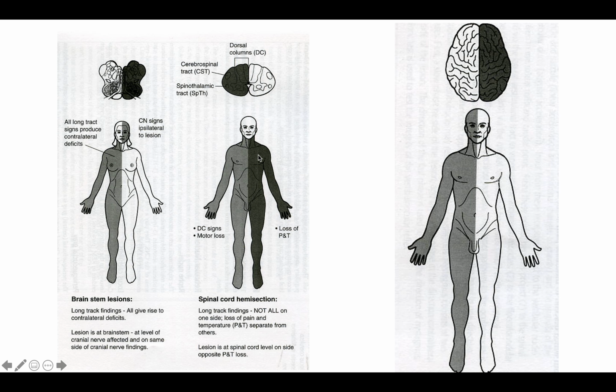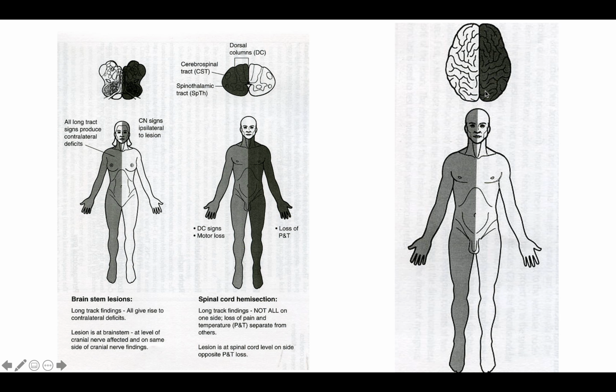However, because I said that the spinothalamic tract, the pain and temperature tract, decussates at the level, he's going to have a loss of pain and temperature on the contralateral side to the spinal column lesion. So he'll have a loss of proprioception and fine touch vibration and motor loss on the same side as the lesion, but he'll lose pain and temperature on the opposite side.